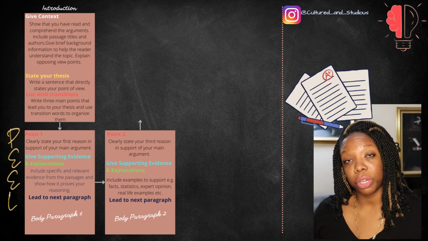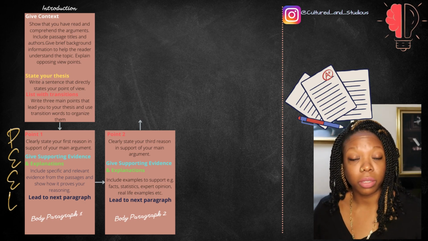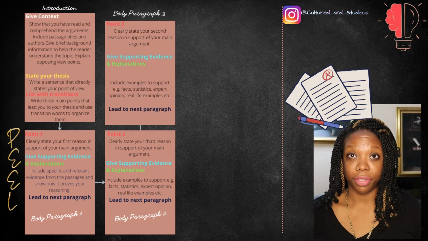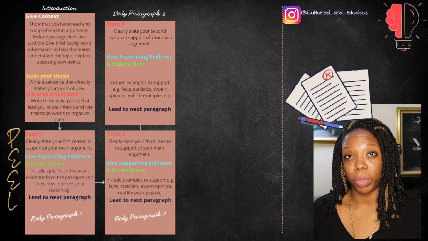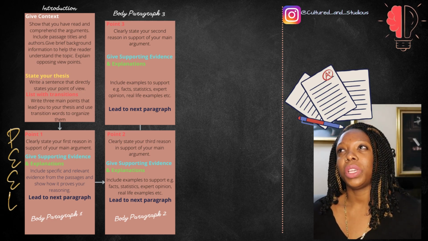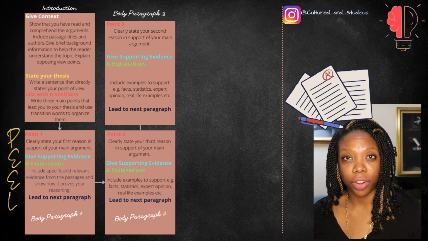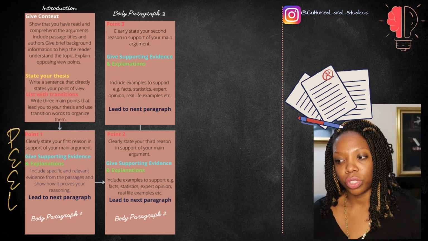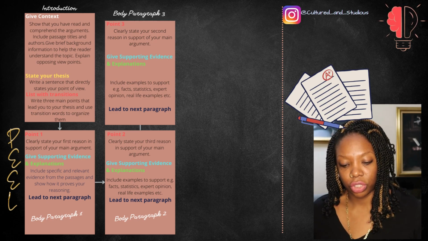So now your body paragraphs, body paragraph 1, body paragraph 2, body paragraph 3, they follow the same formula. It's another cheat code for you. We call it peeling open the paragraph. They follow the same structure.